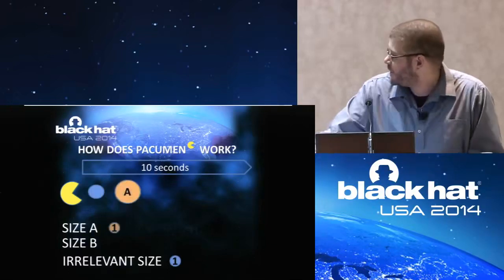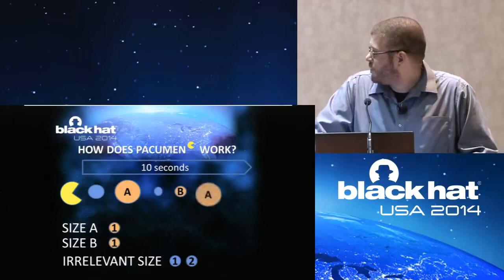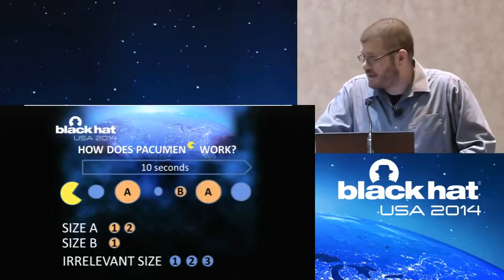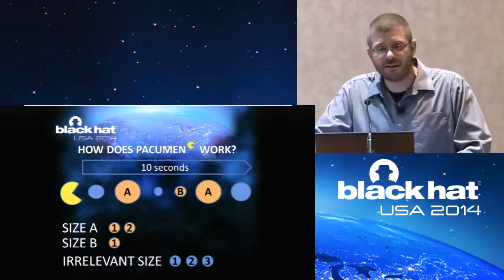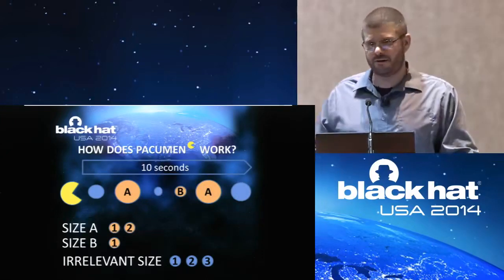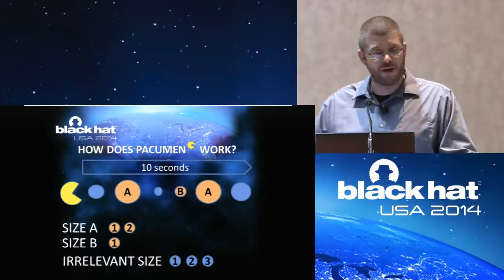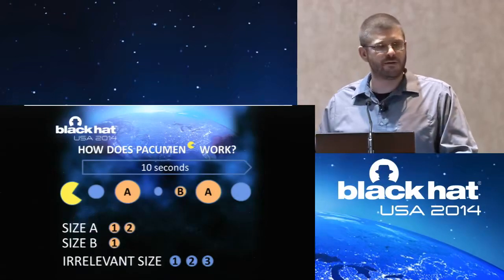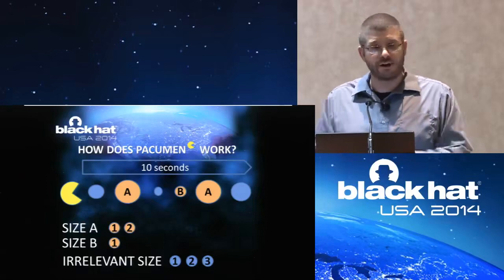We're looking at 10 seconds of data, we see 2 packets of size A, 1 packet of size B, 3 packets of sizes that Pacumen did not decide mattered during training. And the reason it's important that we throw away many packet sizes that don't matter is because that's how we allow this to identify particular applications when they're used amongst many others.